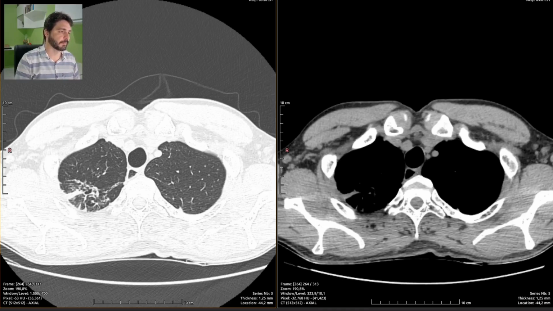Calcifications. Yep, superior lobes. Especially on the right. Oh, and this is it. You also have some degenerative disease on the dorsal spine.